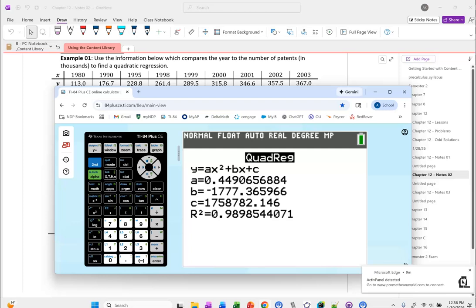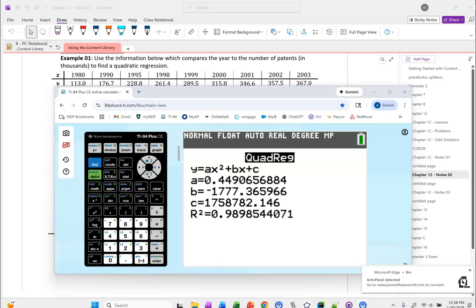And this is my output. What would I write as my answer for the regression equation? I would write y equals 0.44906568884 x squared plus negative 1777.365966 x plus 1758782.146.